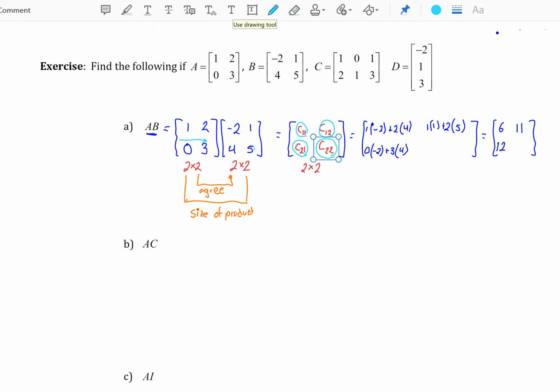We'll take the values in the second row of A times the values in the second column of B. So I believe this should look like 0 times 1 plus 3 times 5. And if you're following along, double check I'm right, but I believe this is 15.